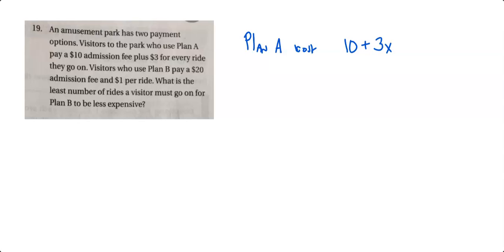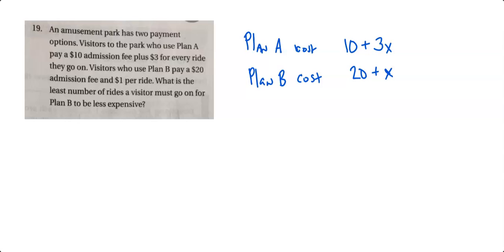So you'll multiply the number of rides times $3 to get the total cost and then add it to the 10. Now for Plan B, they start off paying $20, but then they only pay $1 per ride. So that's an X.